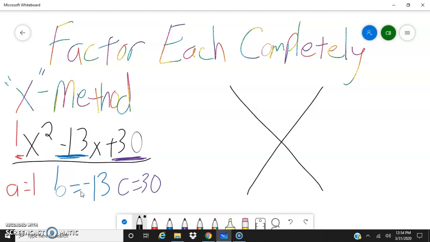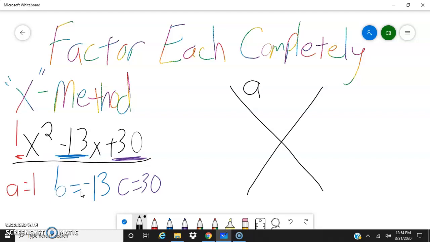What the diamond method is going to have us do is find factors of our expression. Up here at the top, we're going to take a times c.